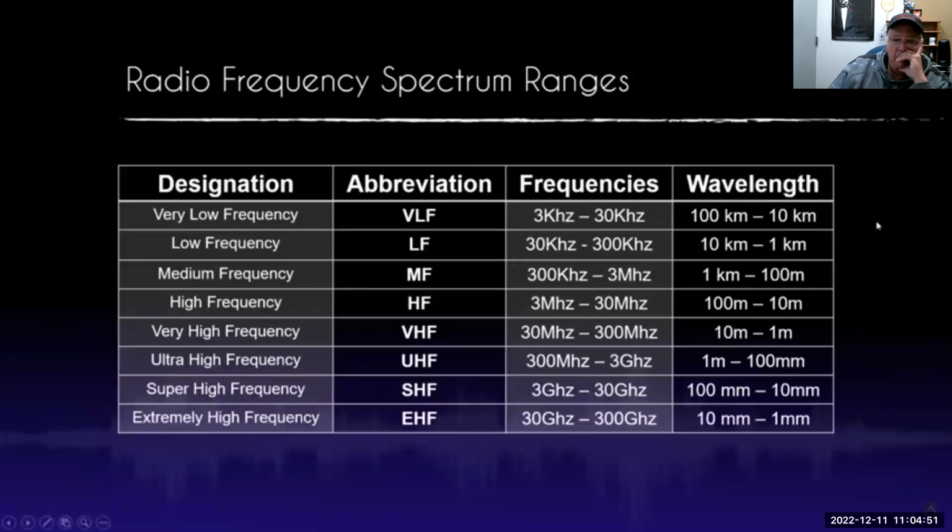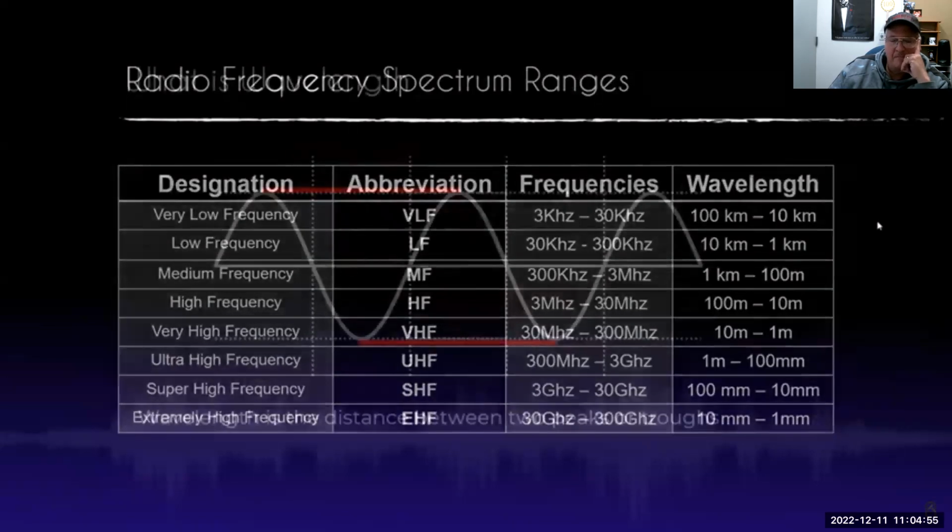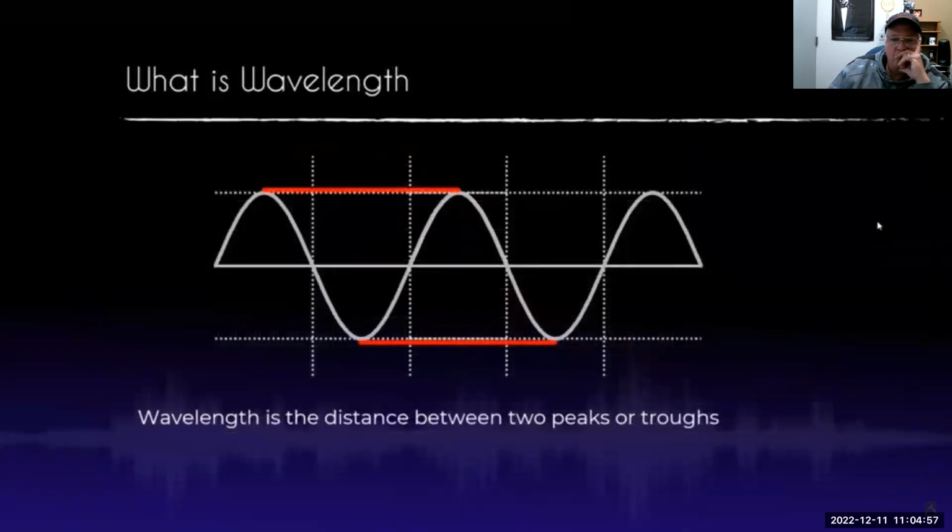So for those who don't know about wavelength, let's just discuss the wavelength as well. So what is wavelength? Wavelength is a distance between two peaks or two troughs, right? So over here you can see this peak is starting from here, over here from the red line, and ending at this peak over here.